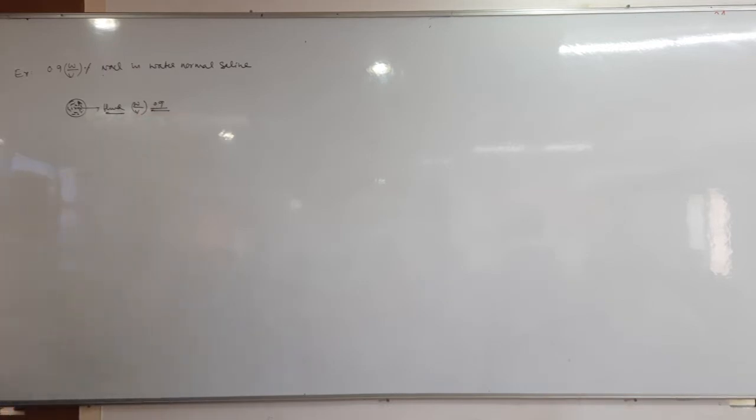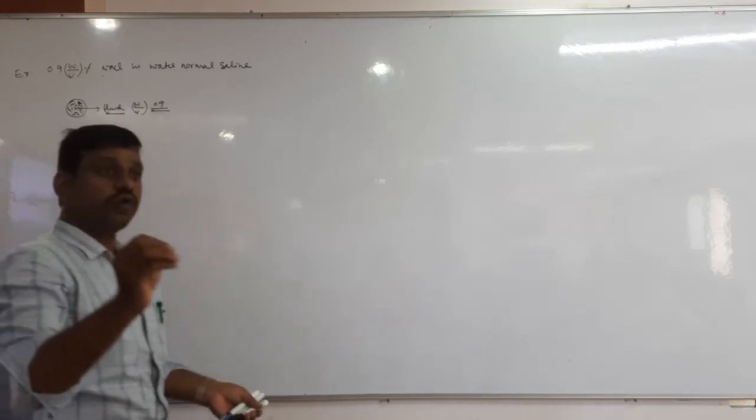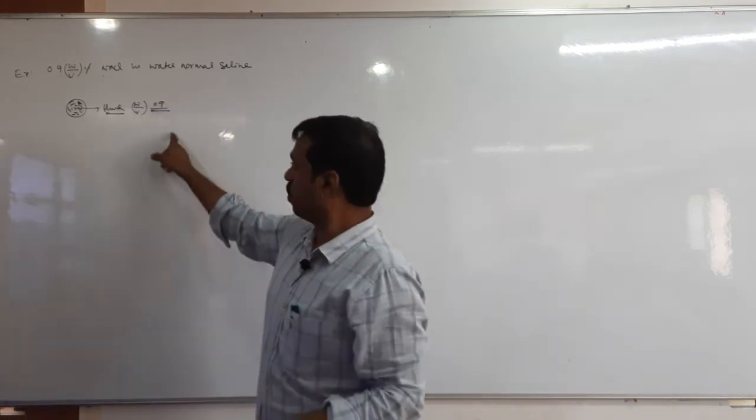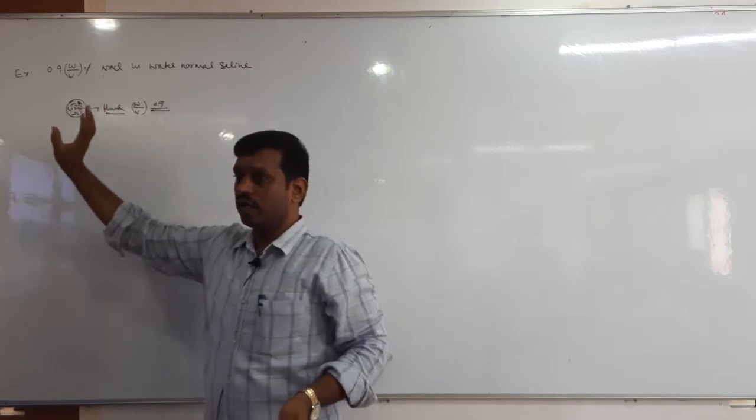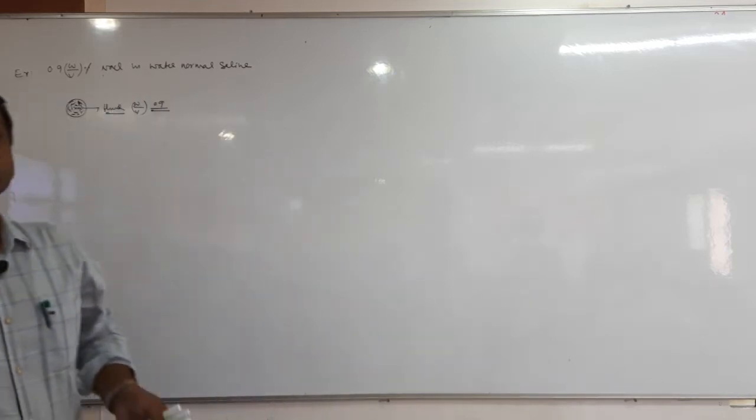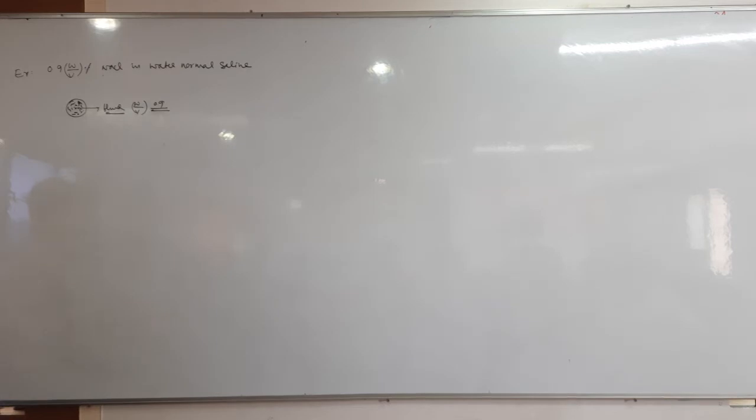It means 0.9 W by V NaCl in water is isotonic with the fluid present in RBC, or blood plasma. So both are isotonic.